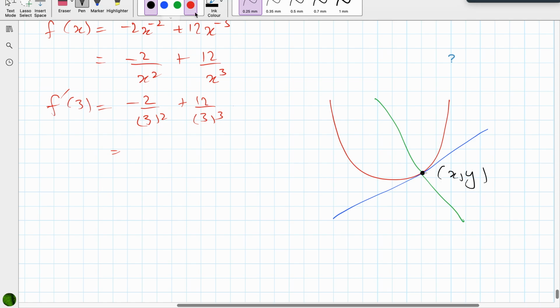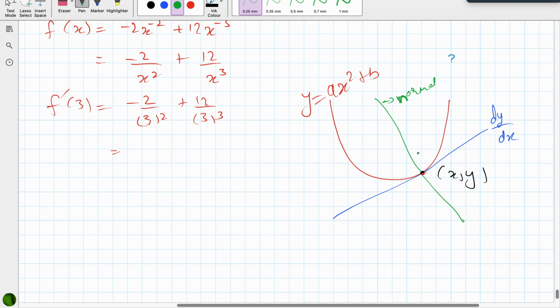So I will say I have a quadratic curve, anything ax squared plus b, anything x squared. In red it is x squared. At a given point find the gradient. So gradient is dy by dx, and then it says at this given point find the gradient of the normal. So this is the normal.